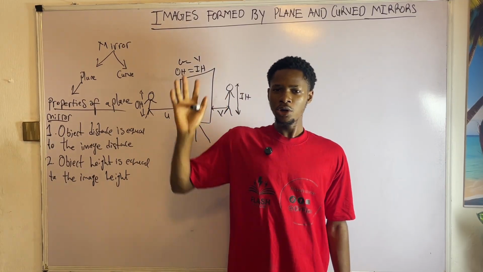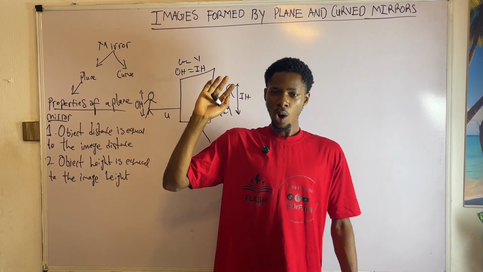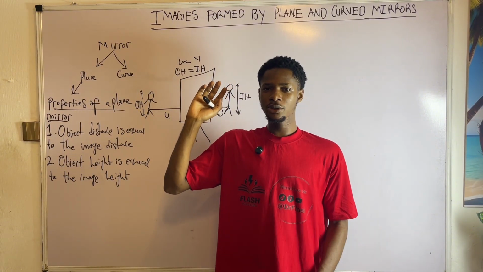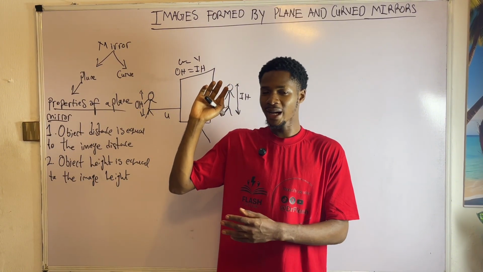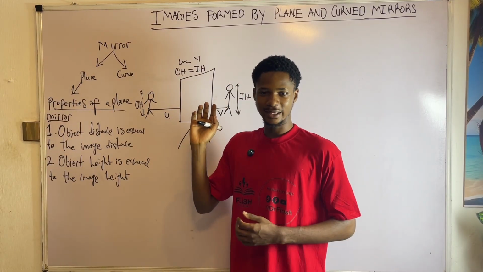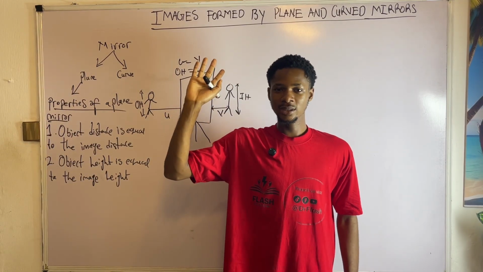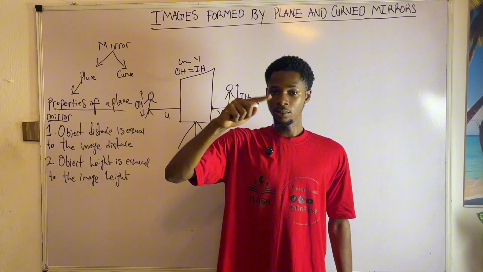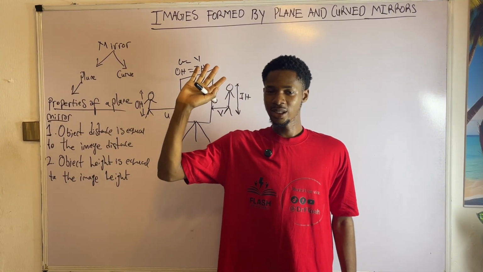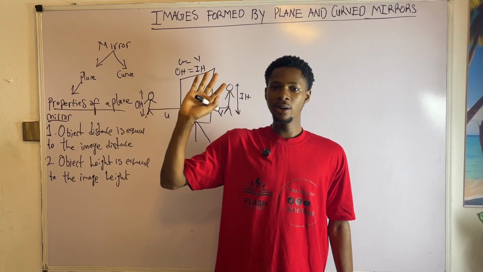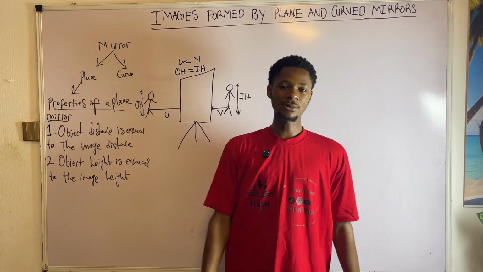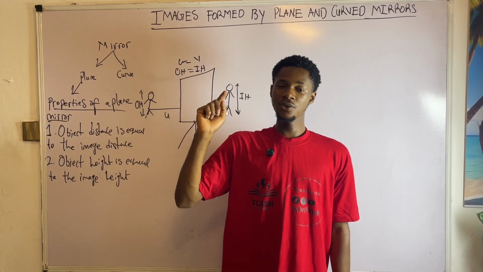But you notice that when you raise up your right hand, from your own perspective, the image is going to raise up what now? Its left hand. So when I raise up my right hand, instead of you raising your right hand too, you raise up your left hand. That is what we call lateral inversion. As I'm standing here, I raise up my right, the image raises up its left.